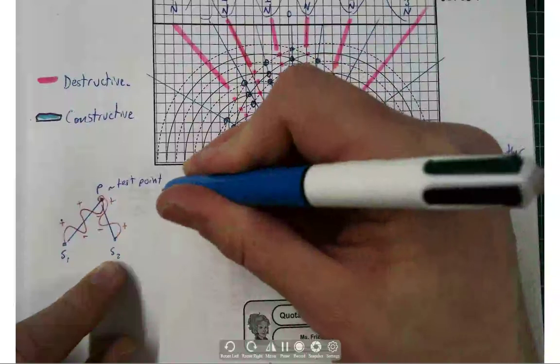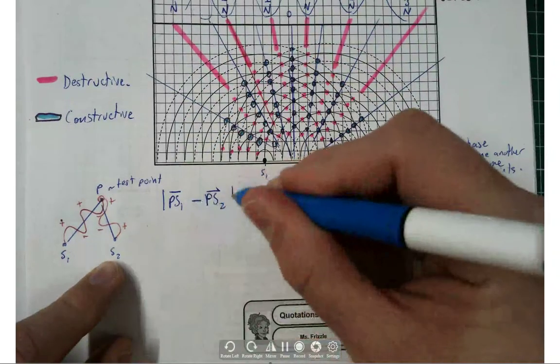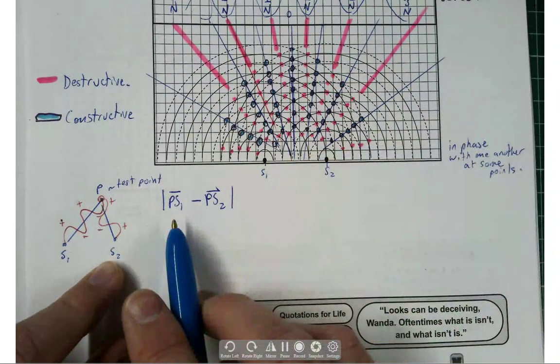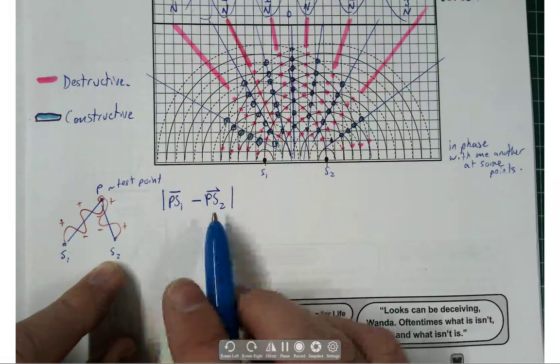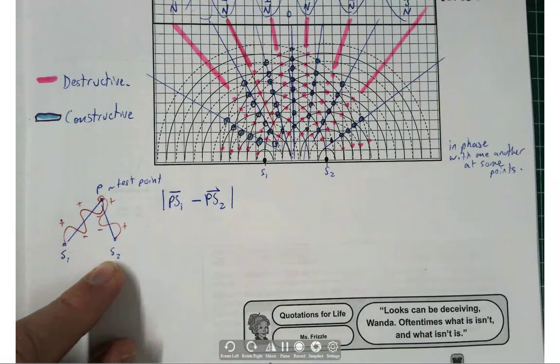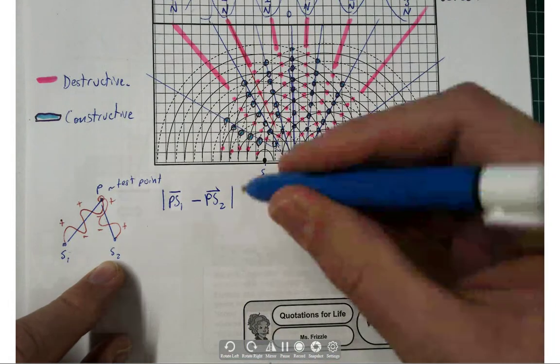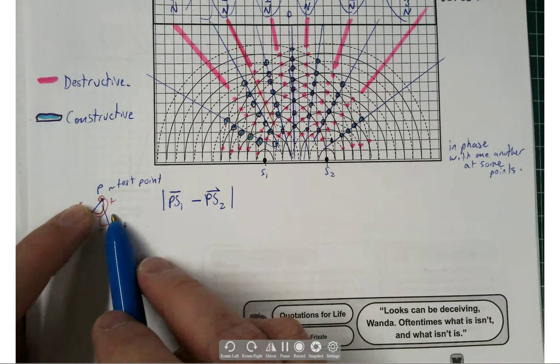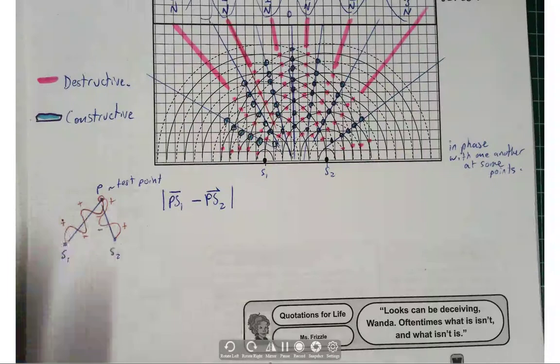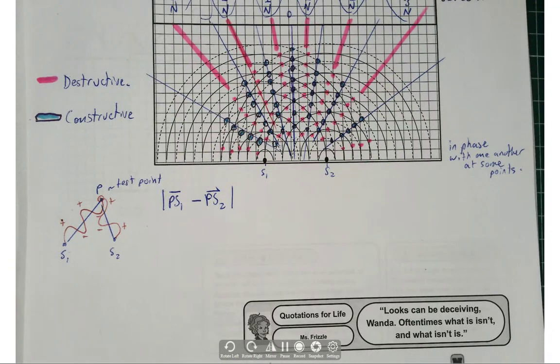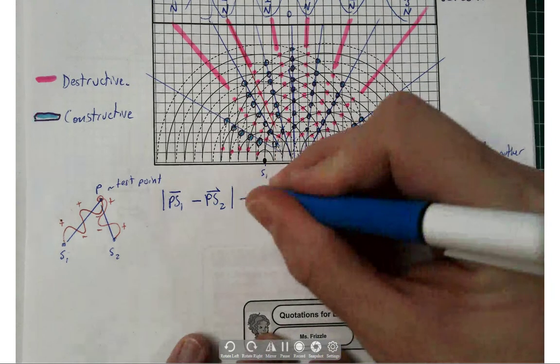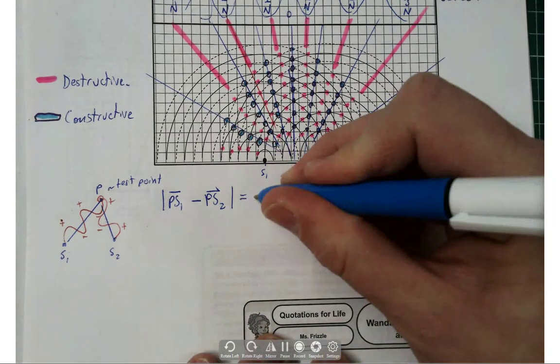The line over top of them means that PS1 is one line segment and PS2 is another line segment. The difference between the lengths of those two line segments is going to be equal to how much those waves have fallen out of phase with one another, because the extra travel distance threw them out of phase.